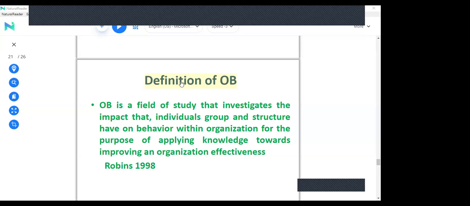My point, my dear students, is that this definition is from 1998. Imagine now you have a new definition. Then you have to compare it with what you have, my one and the new one. Then check it: what are the new points, new topics and new concepts in that definition?